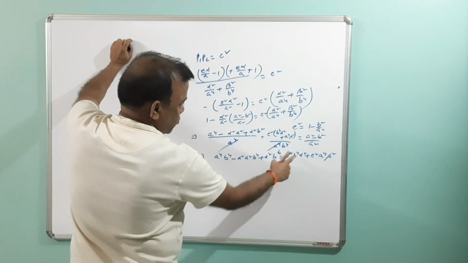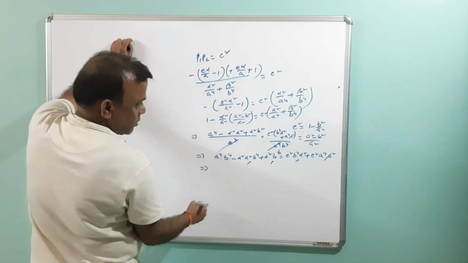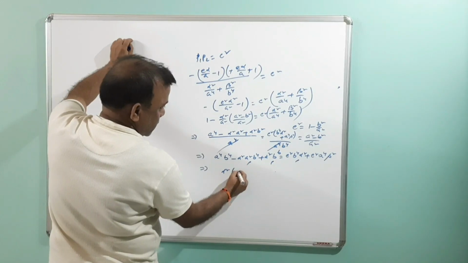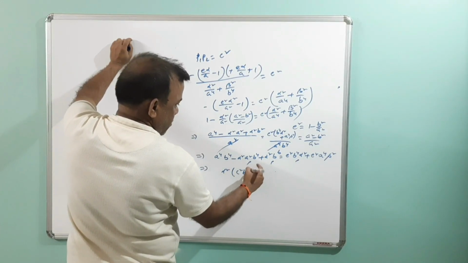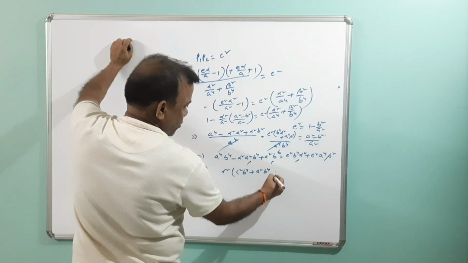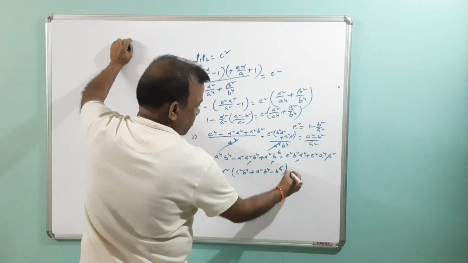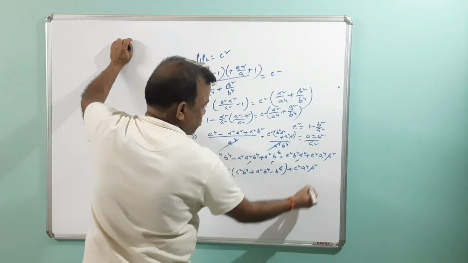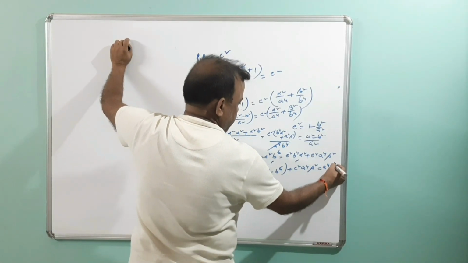Therefore, taking alpha square as common from this one and this one, alpha square times c square b to the power 4 plus a square b to the power 4 minus b to the power 6, plus c square a to the power 4 beta square is equal to a to the power 4 b to the power 4.